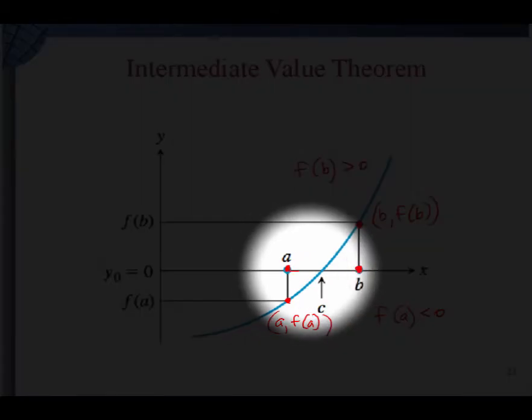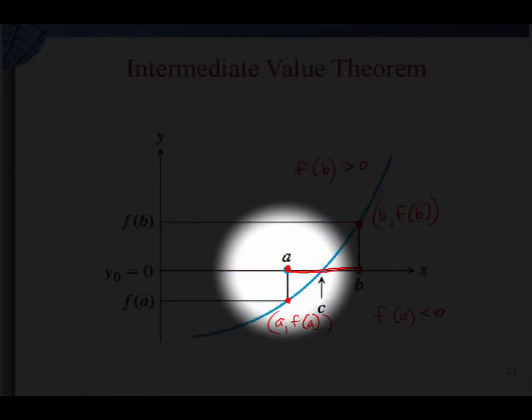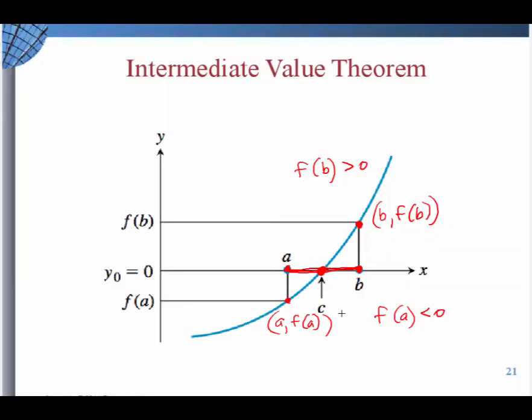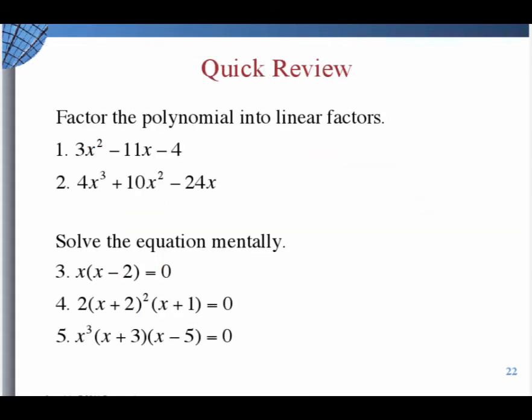So somewhere in this interval from a to b, the function takes on the value of 0, and it occurs at this value c, some value c. Okay, the intermediate value theorem says we don't know what c is, but we do know that there exists a c somewhere in this interval where f of c is 0, based on the intermediate value theorem. Pretty cool theorem.